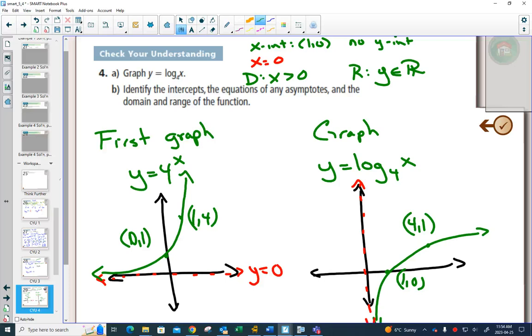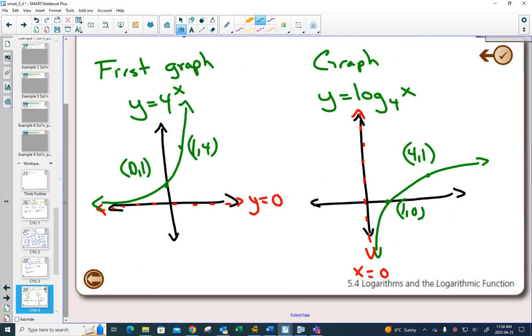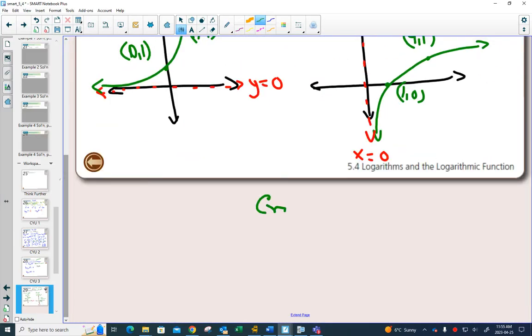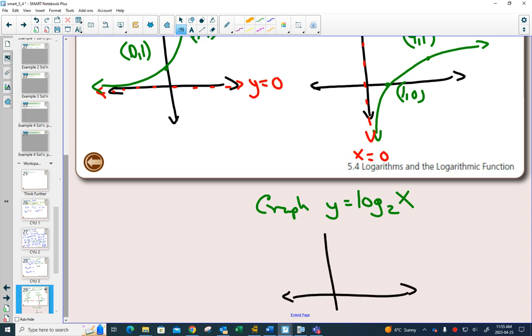But now, what I expect from you is if you have a log graph, the very basic log graph, you should be able to do directly. So if I asked you, we're going to do a couple more. If I asked you to graph y equals log base 2 of x, you would do this directly, and you would say every log graph has 1, 0, and if the base is 2, I'm going to have 2, 1.